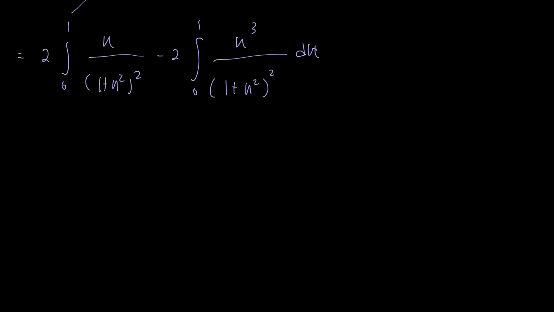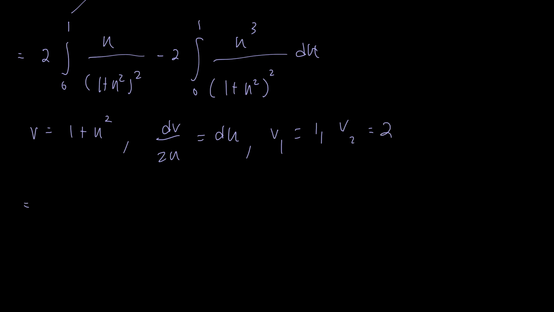And we'll make a substitution on the first integral. So we're going to let v equal 1 plus u squared. But that means that dv over 2u is du. Bounds of integration, v1 is 1 and v2 is 2.